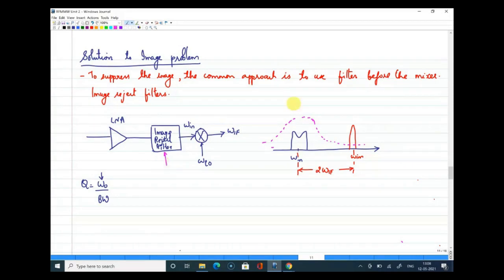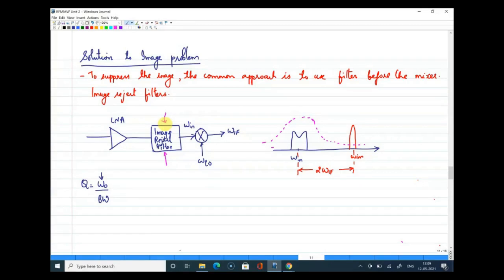Now, the image reject filter's center frequency is not yet shifted. So what do you think, how can you reject the images well?